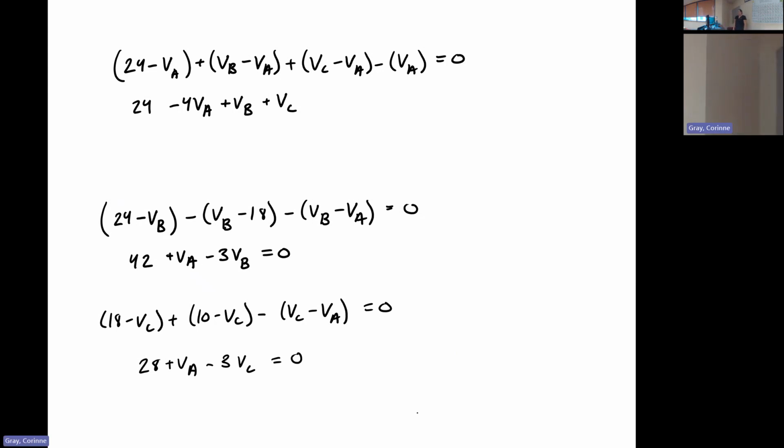So from here, we get to choose how we want to go through and solve this. We can do determinants. We can do substitution, do whatever your heart desires, or whatever you're more comfortable with doing. So if we wanted to set this up for matrices, sorry, I should put the equals 0 here.